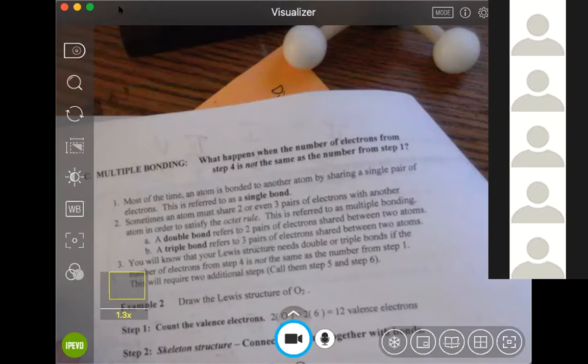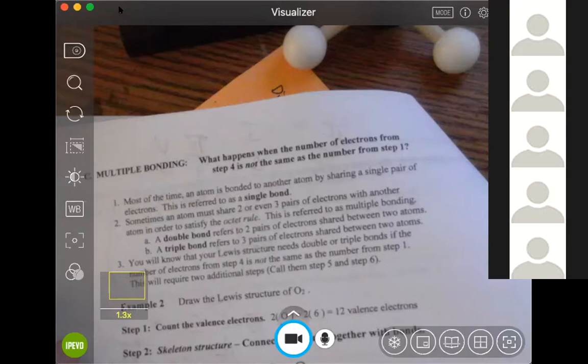All right, multiple bonding. So what happens when the number of electrons that you counted are not the same as the number from the periodic table? Most of the time, an atom is bonded to another atom by sharing one pair. This is known as a single bond.